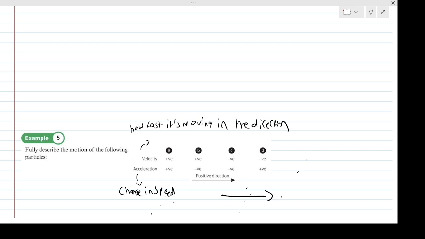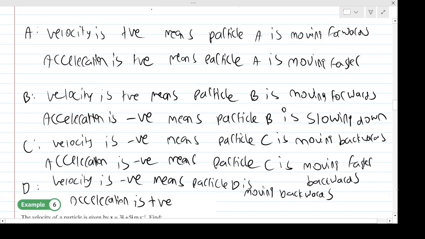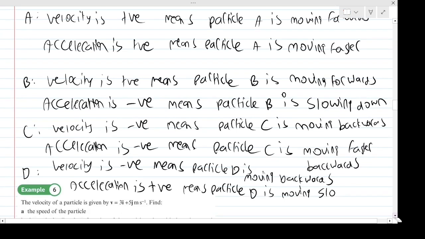It's moving forwards faster, which means it's moving backwards slower. So that means the particle is moving slower backwards. And there we are. Hopefully that example just illustrates the idea of velocity and acceleration there.